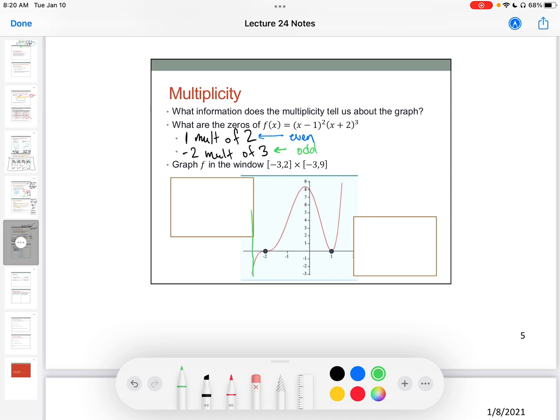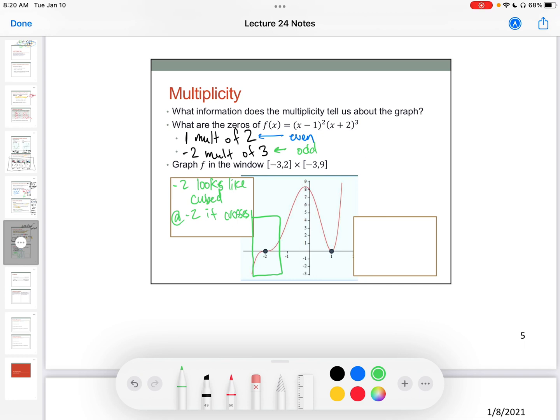If I take a snapshot and I only look at what is inside that function there at negative 2, that looks like a cubed function. It's got that same snake shape. What I can say is at negative 2, it crosses that x-axis.